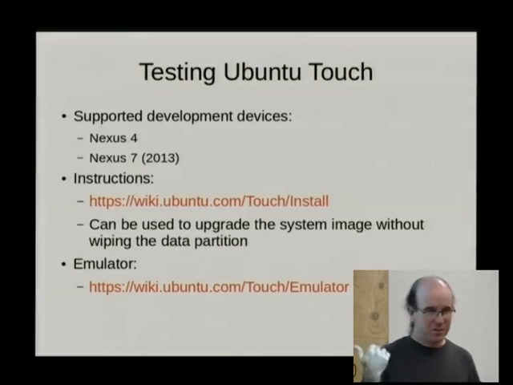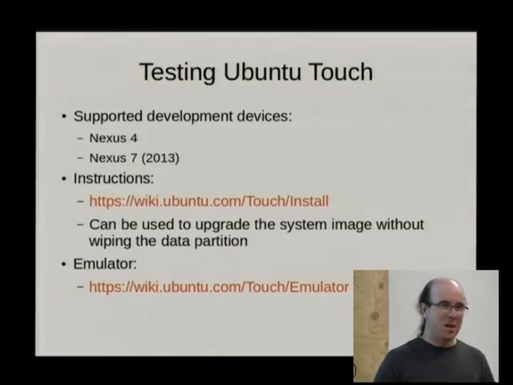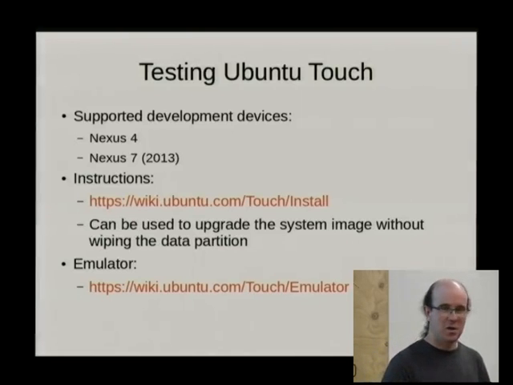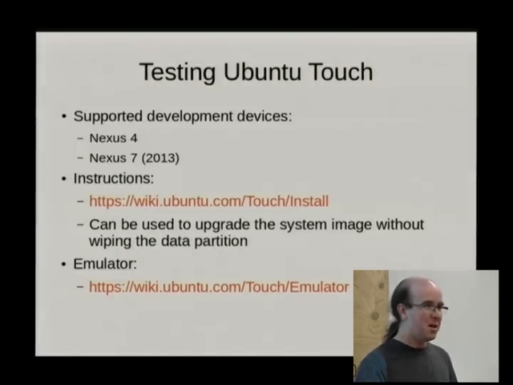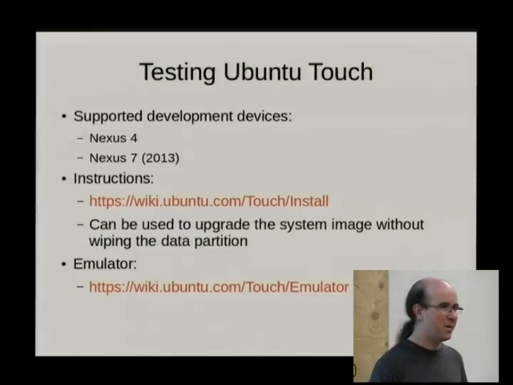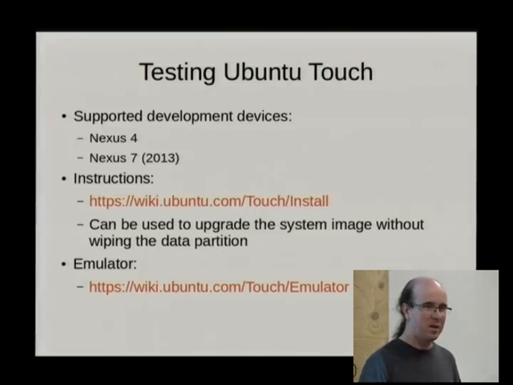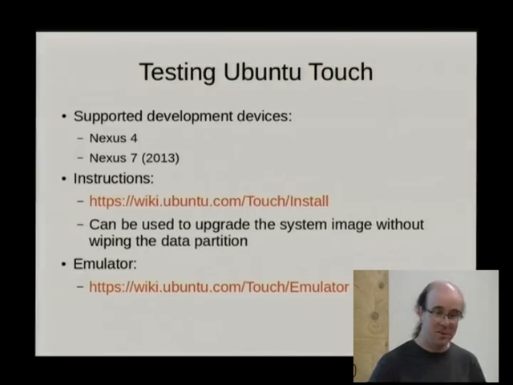It is worth noting that if you do want to load up the standard images on Nexus 4 or Nexus 7, this involves wiping Android. So if you've got useful data on it, you want to back that up first. But the install page will give a rundown of what you need to do in order to do that.